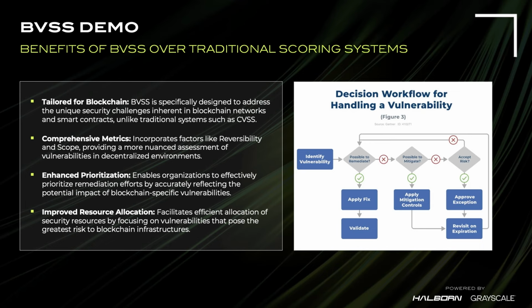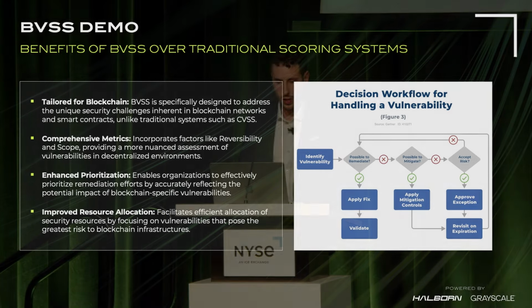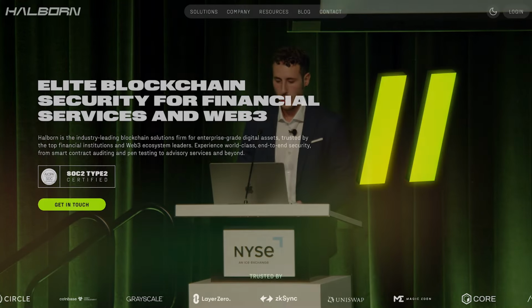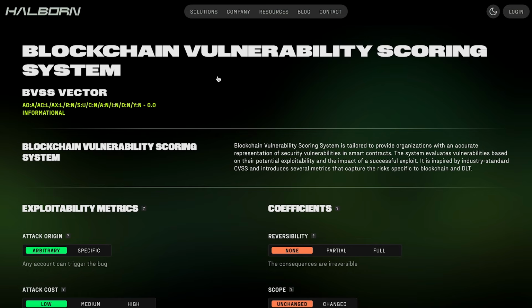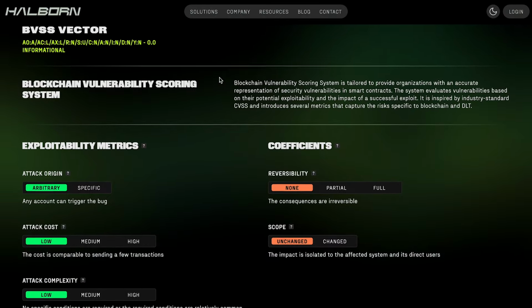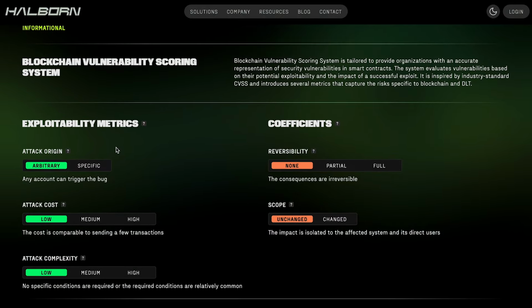So now I will move to a demo of the BVSS. If we now move to halborn.com/bvss, you will have access to the same calculator that we use internally to classify the severity of issues. You can play around with any of the specific metrics.